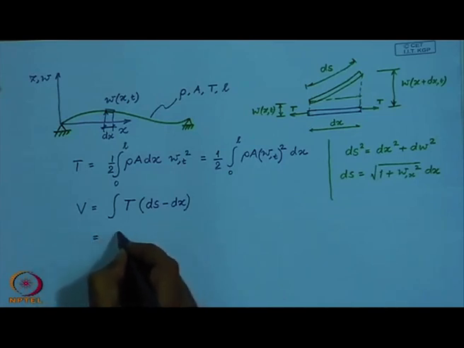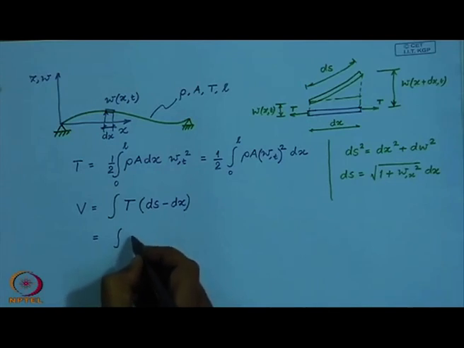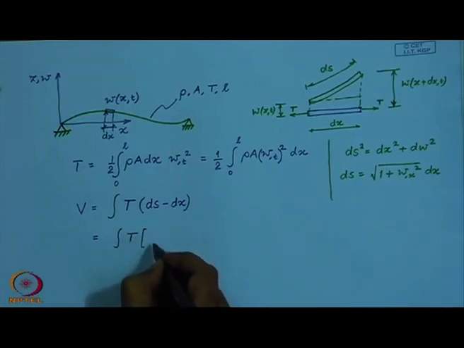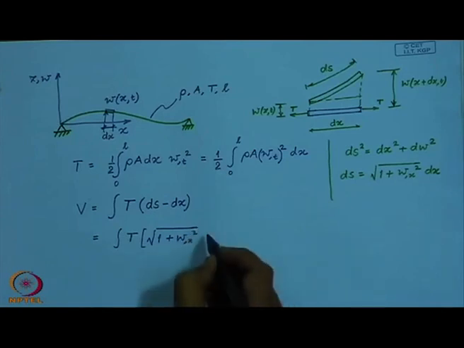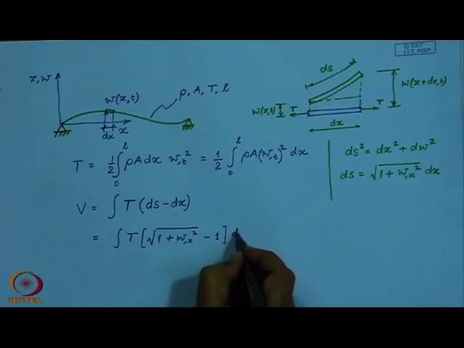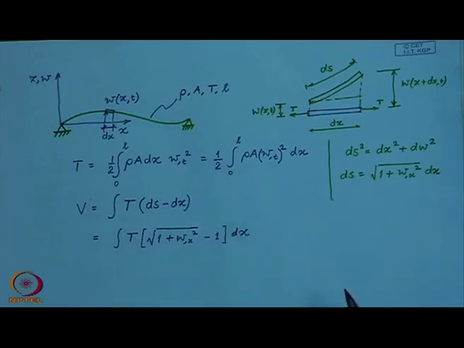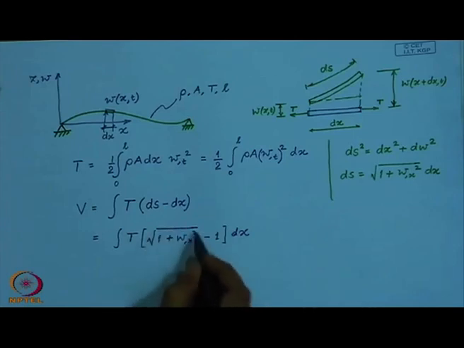Now I expand this, assuming that del w del x is small, which we have assumed.